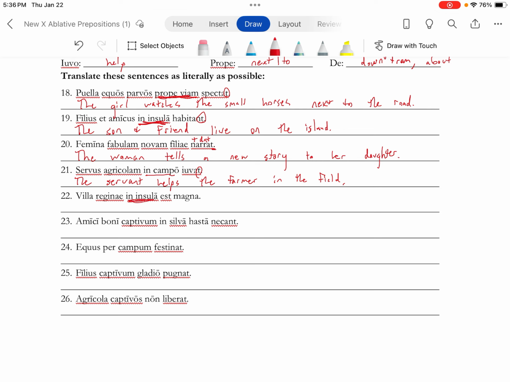Here's our prepositional phrase, est. So we've got to equal a couple things. This is going to become a genitive, the reginae. So the queen's villa on the island is large.